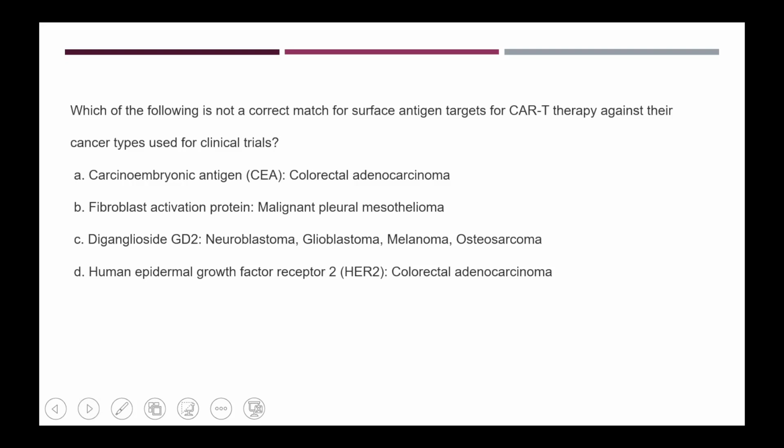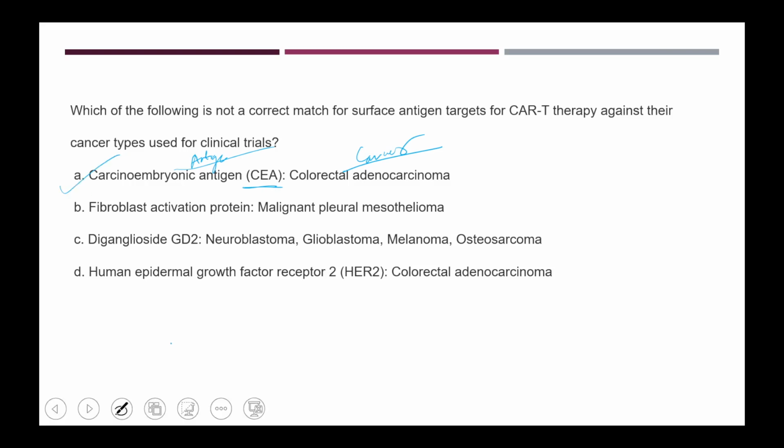Finish our question answer. So which of the following is not a correct match for the surface antigen targets for the CAR T cell therapy? This particular question you can do from the table that I have shown in the beginning. The first one, like which particular antigen against which particular kind of cancer. So antigen, and this is the cancer. So the table I have given, there the carcinoembryonic antigen. This particular antigen was for colorectal adenocarcinoma.